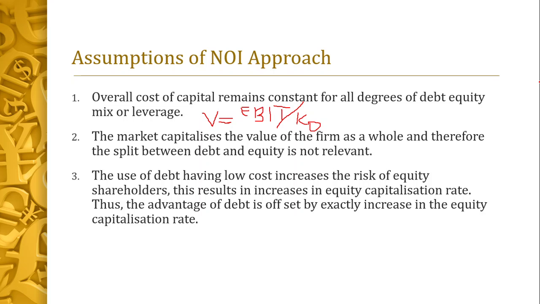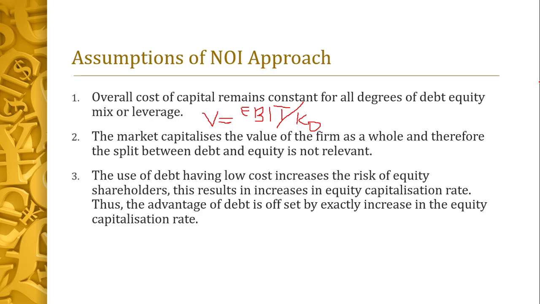And because of this chain of reactions, the advantage of debt is offset by exactly the increase in the equity capitalization rate. Now, the meaning of NOI approach itself is nothing but the assumptions of NOI approach. Okay.